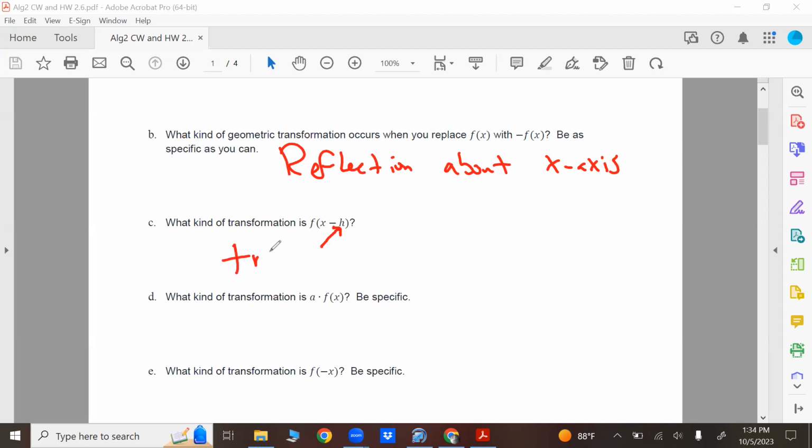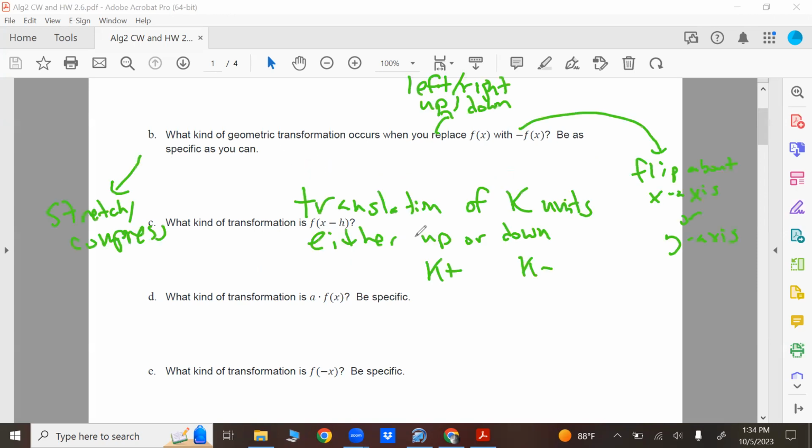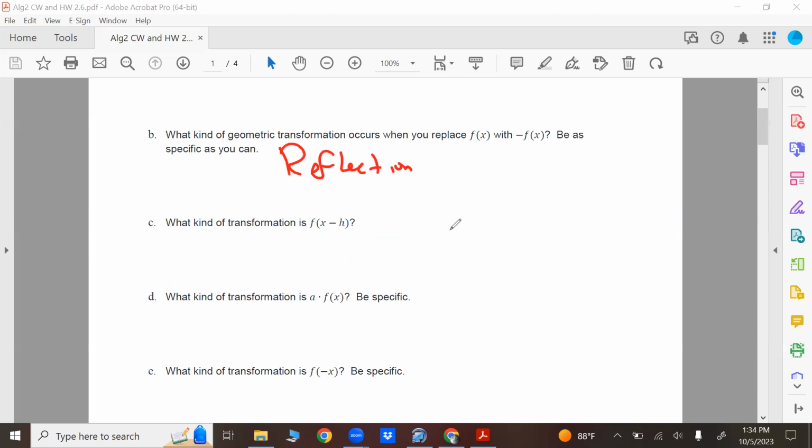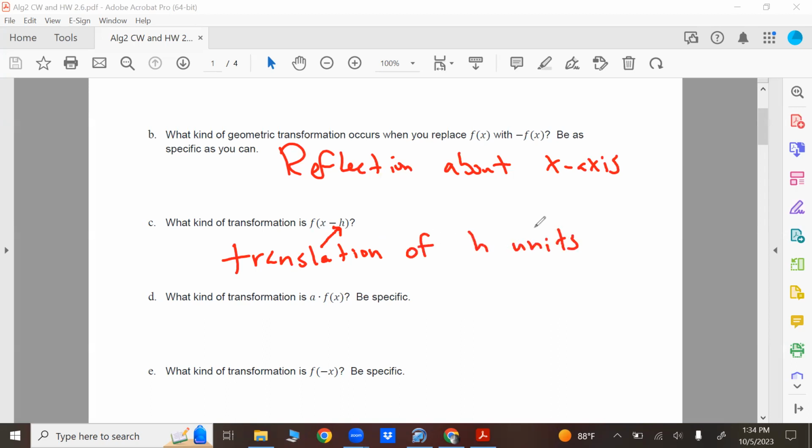So we call this a translation, and how did I say the other one? Hold on. Just want to be consistent. Give me a sec here. Oh, there we go. Okay. Yeah, that's a translation of h units either right or left.